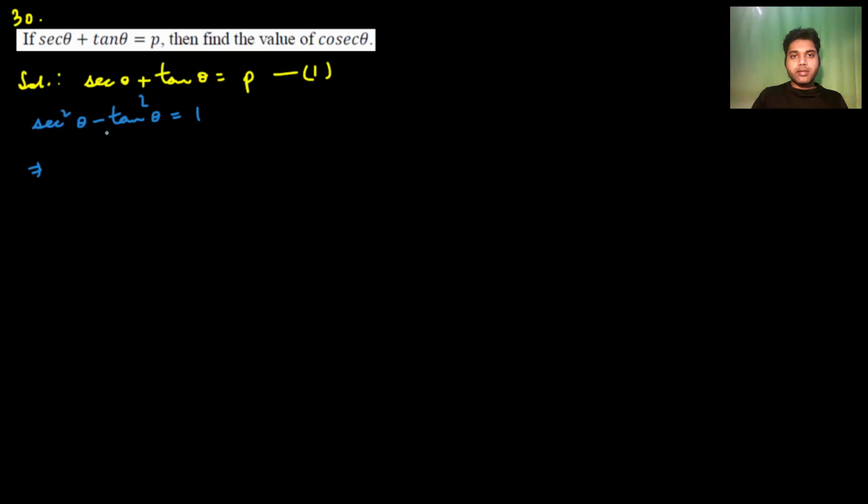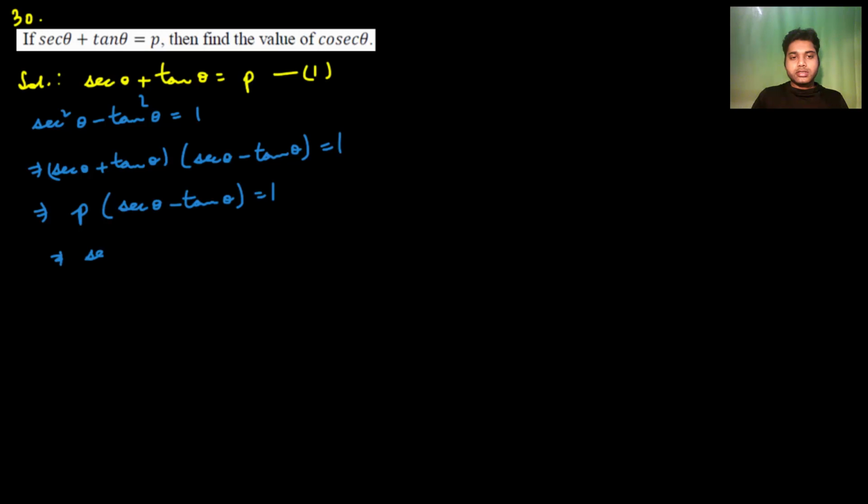Now can I write sec square theta minus tan square theta as sec theta plus tan theta into sec theta minus tan theta, using a square minus b square equal to a plus b into a minus b? Now sec theta plus tan theta is given to be p, into sec theta minus tan theta equal to 1, or sec theta minus tan theta equal to 1 by p. Let's call it 2.